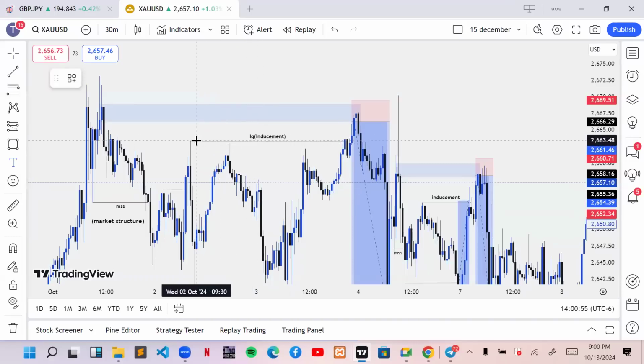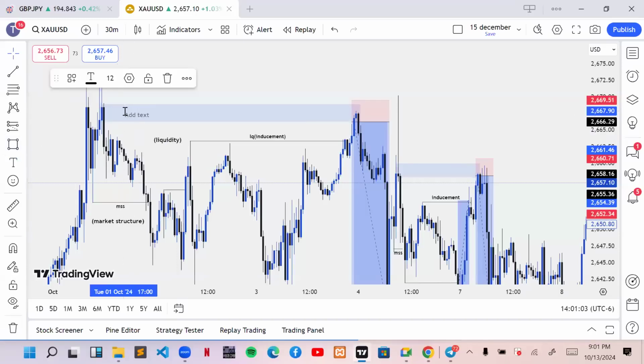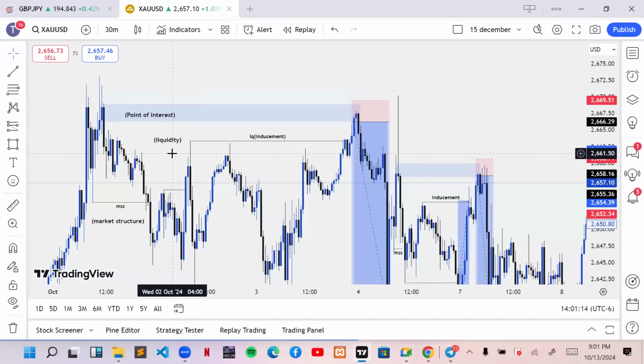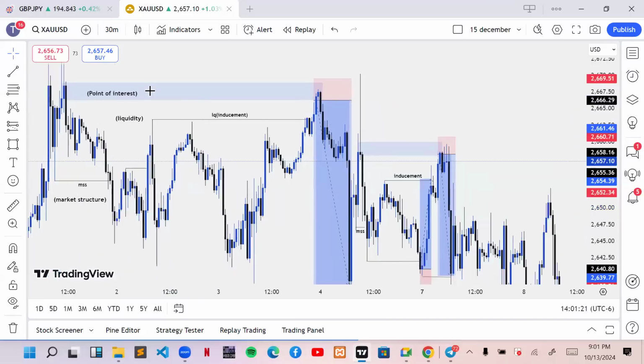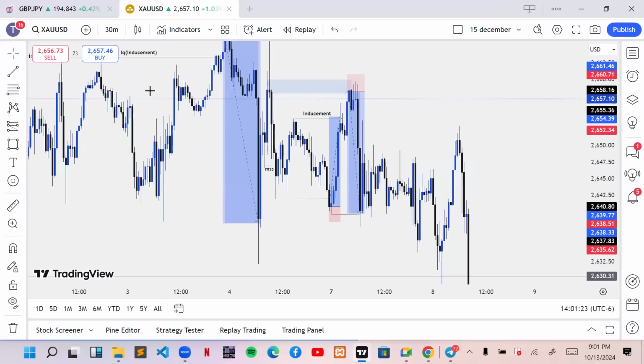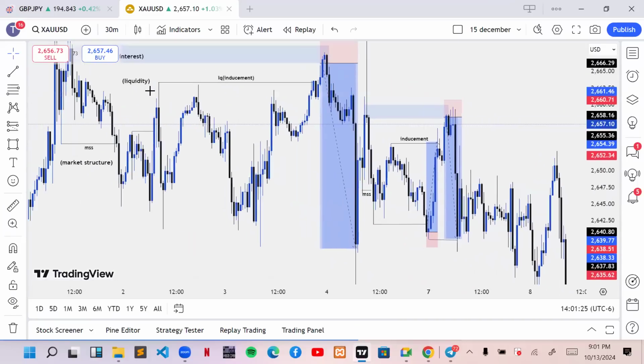This is liquidity. And then point of interest. We can see the three parts of this strategy: market structure, liquidity, point of interest. Just three things. Only three things I have to mark out on charts: market structure, liquidity, and point of interest.